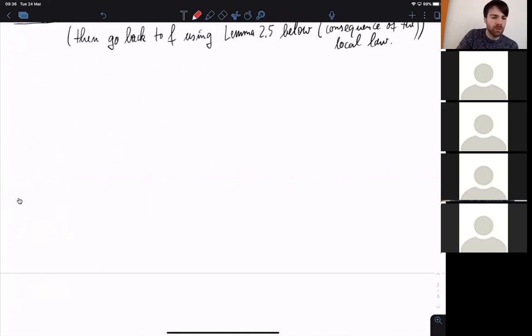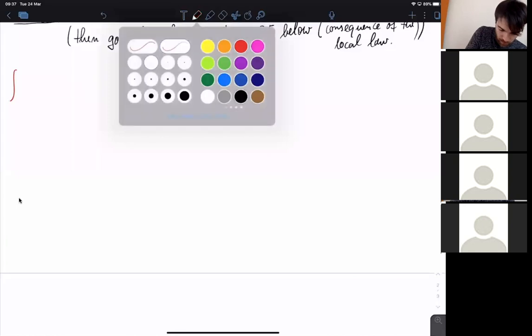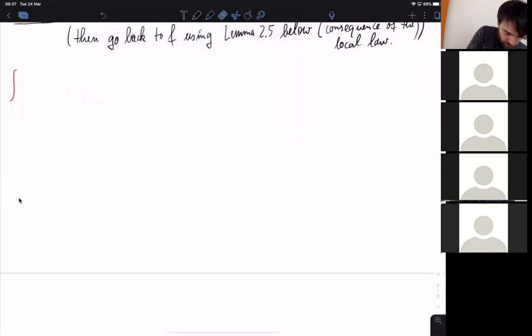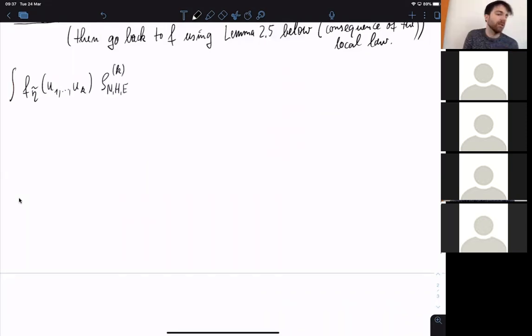Okay, so what I have to do now is understand the following integrals. So I have to understand f eta tilde of u1 up to uk integrated against the local k-point intensity measure. I'll now focus on h, but of course you can do the same computations for h tilde.